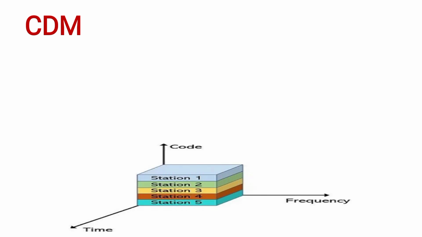Now let's see the pictorial representation of CDM. Here station 1, station 2, station 3, station 4, and station 5 are nothing but the users. I am going to transmit the five users' information at the same time and at the same frequency without any overlap. How can I avoid the overlap? I simply place a unique word between each of the individual stations, between station 1 and station 2, station 2 and station 3, station 3 and station 4, like that.